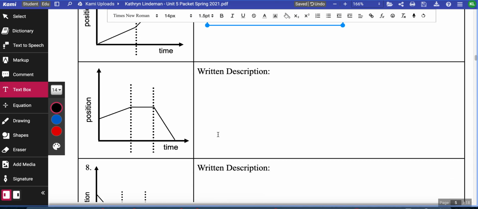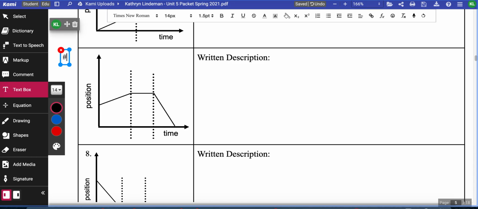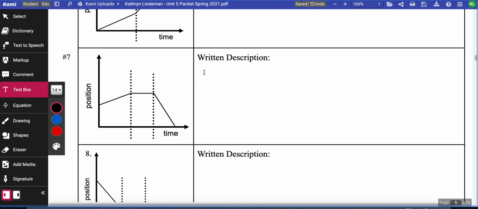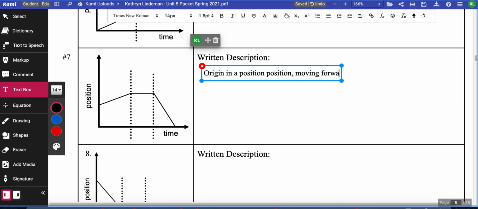So this next one would be number 7. We have 3 different movements here. So origin in a positive position, moving forward, and we're moving forward slowly, compared to the other movement within this graph.